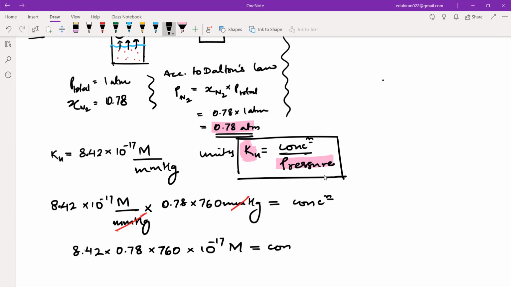This will be the concentration of N2 in water at room temperature.